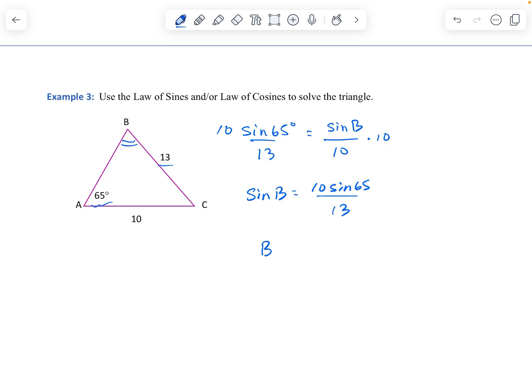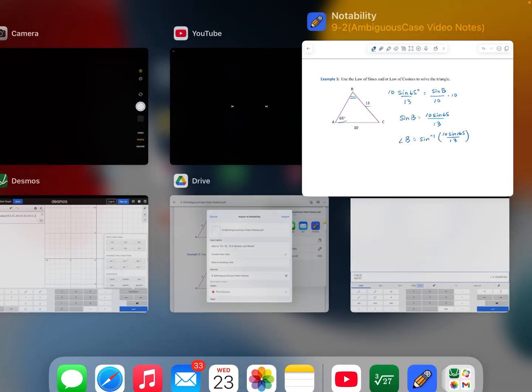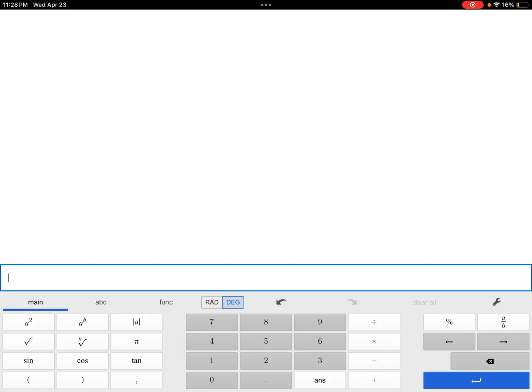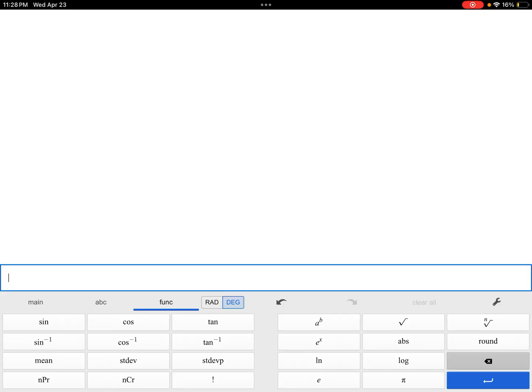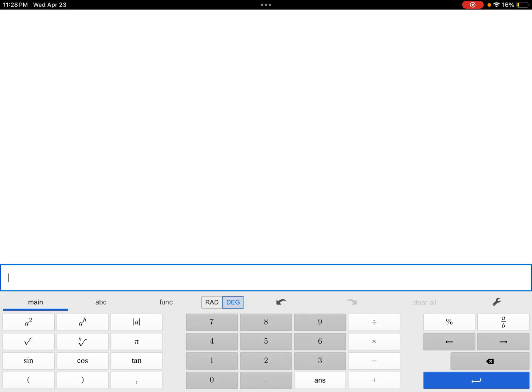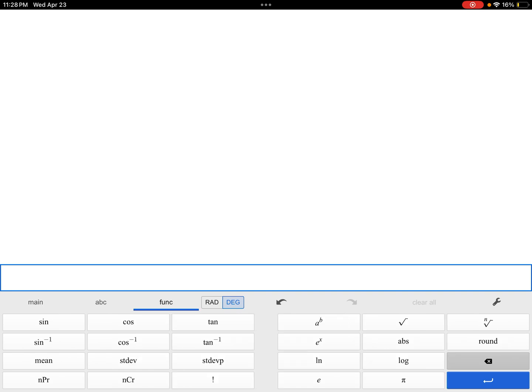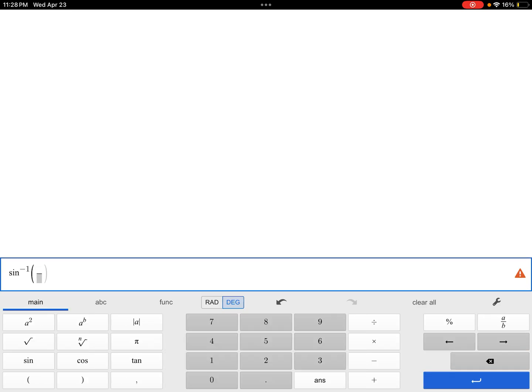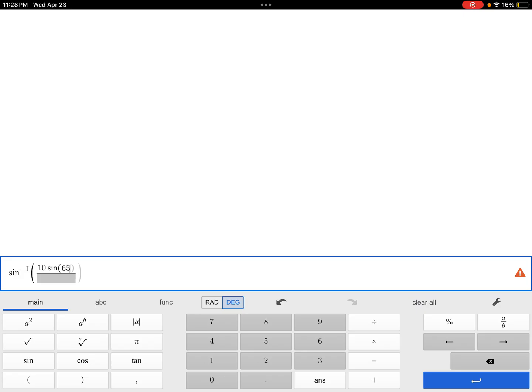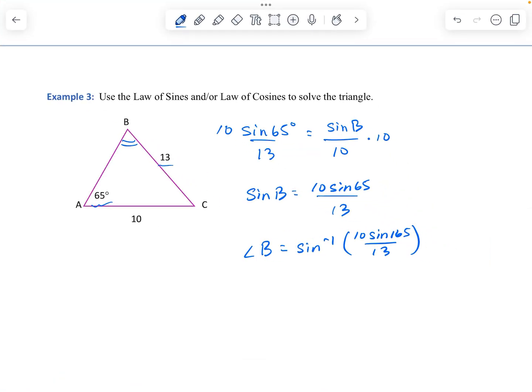Remember, to get the angle b, I am going to do sine inverse of 10 sine 65 over 13.